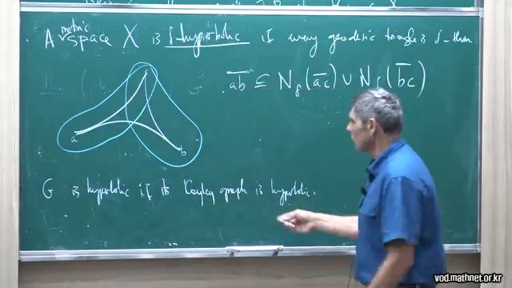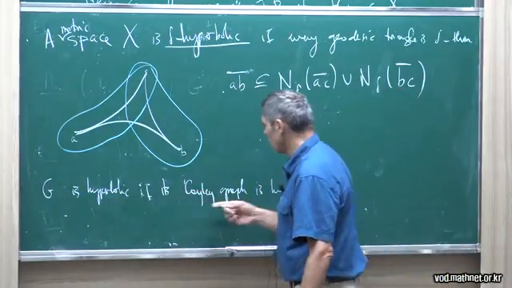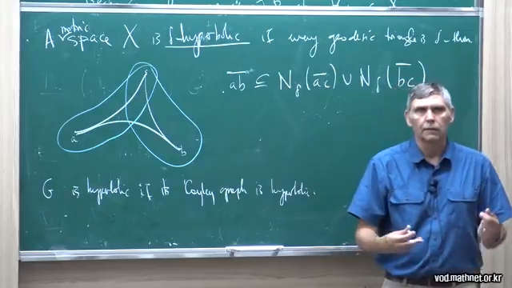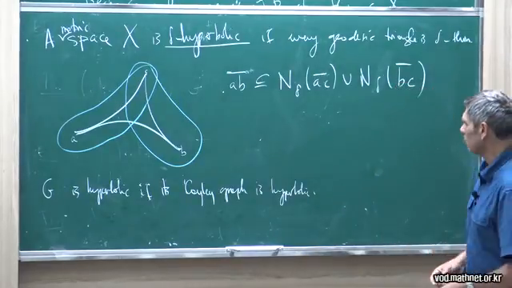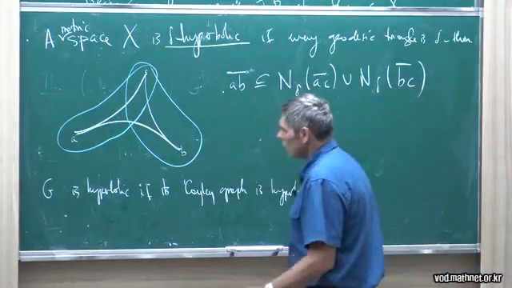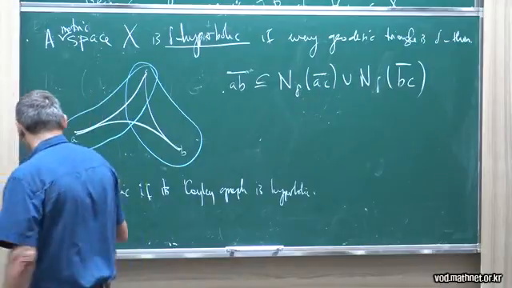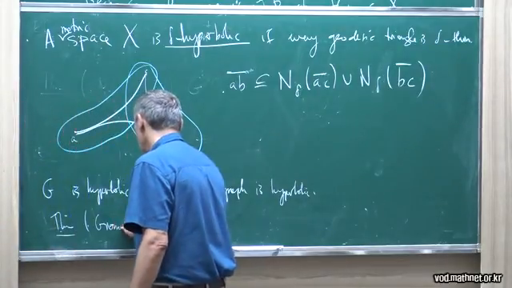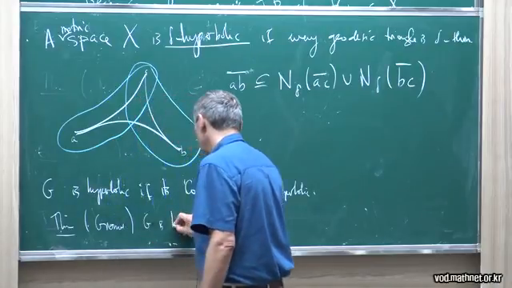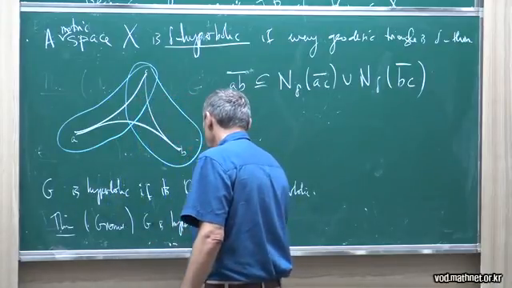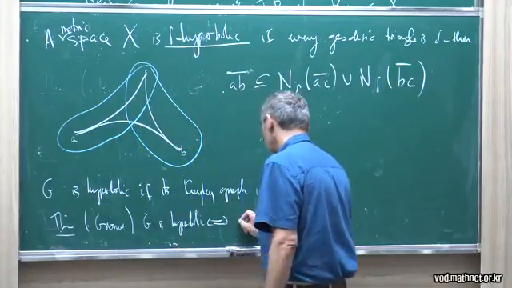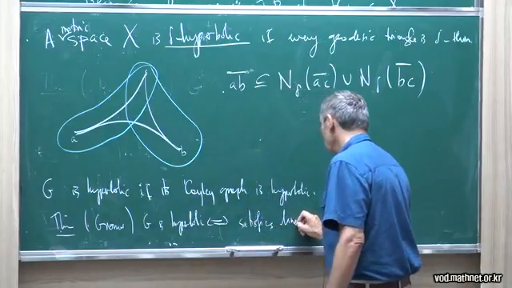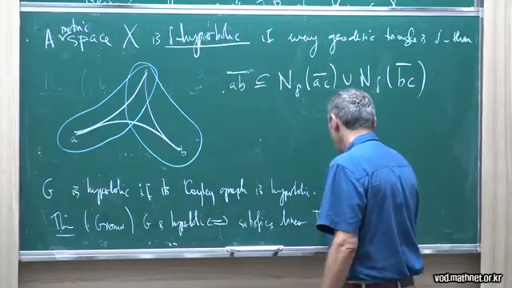Okay, so to actually justify this definition, you'd have to prove that hyperbolicity is invariant under quasi-isometries, and it is. And the reason I mention this is because of the theorem of Gromov again, that says that G is hyperbolic if and only if it satisfies a linear isoperimetric function.